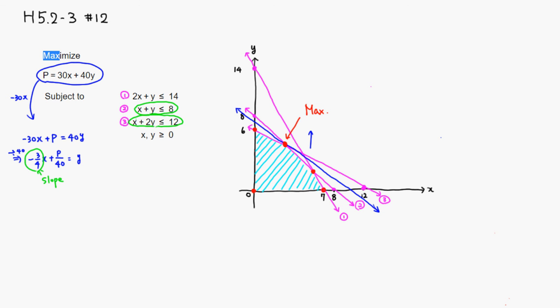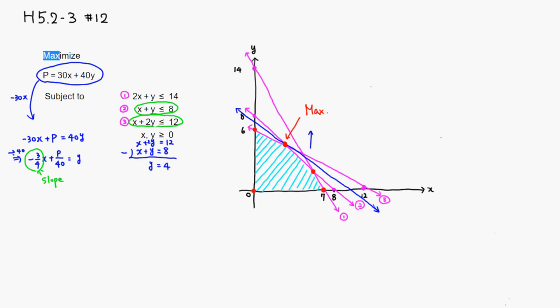Since we're talking about borderlines, we can turn these into equations. x plus y is equal to 8, and x plus 2y is equal to 12. This is convenient because we can just do the subtraction. x minus x is 0, 2y minus y is y, and 12 minus 8 is 4.